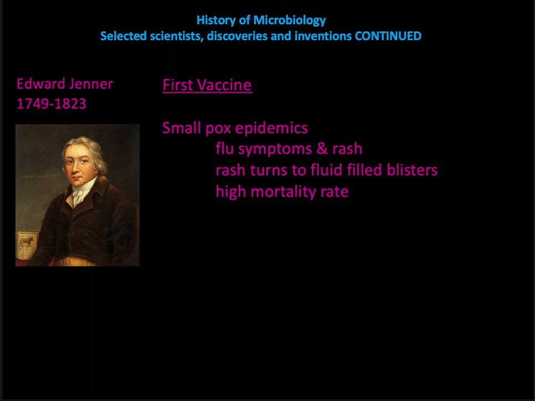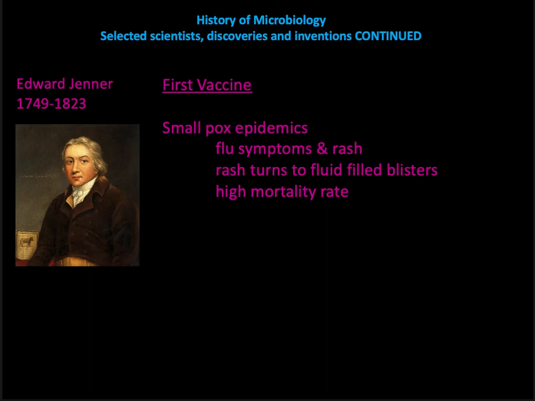But they would use smallpox blisters from people who had very mild symptoms, and they would use that to spread it to people, assuming that they would just get the mild form of the disease. Then they would be safe from the really virulent, super strong, harmful version of the disease.